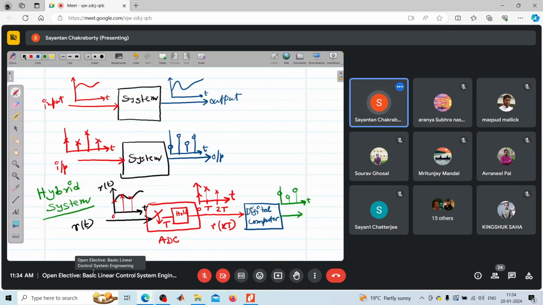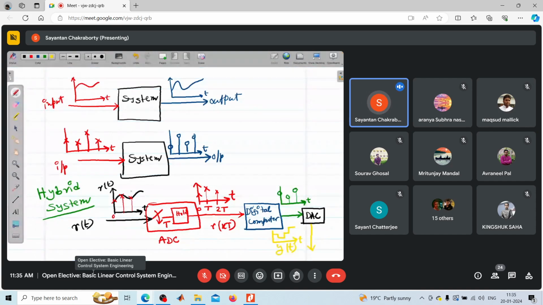Now it is converted by a digital to analog converter to a signal y(t), which is again continuous in time. It may not be exactly like this. We may use different types of hold circuits, so it will be either in the form of a staircase or like this.